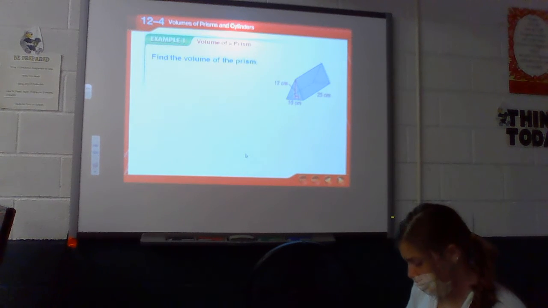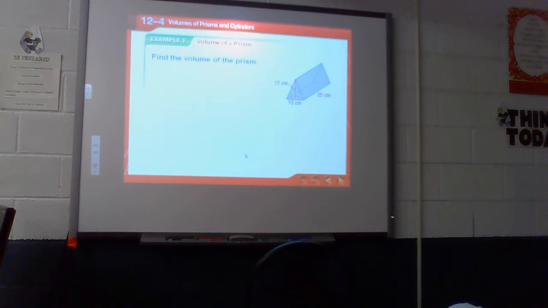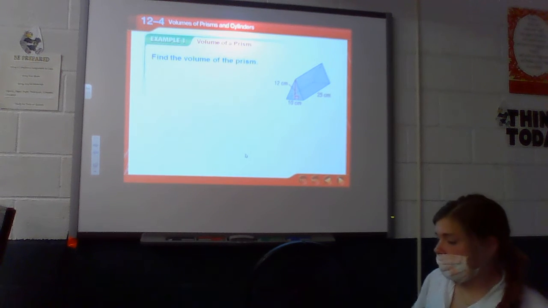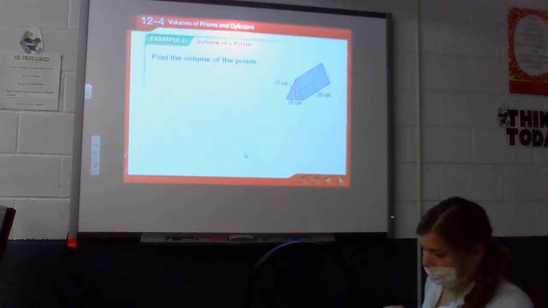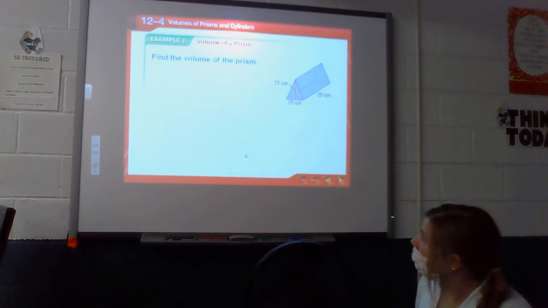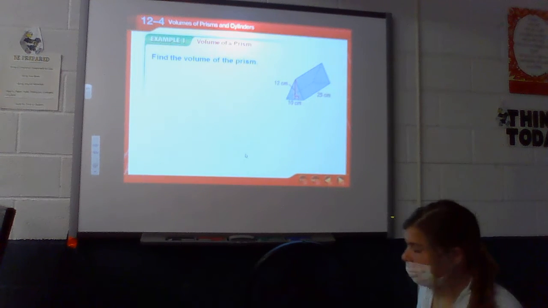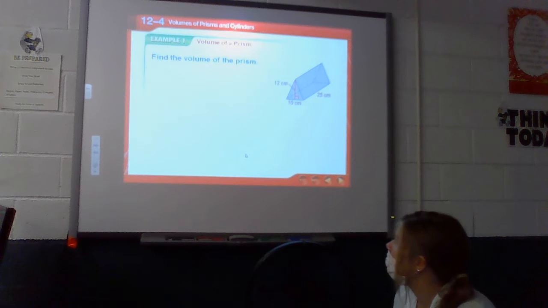Now we're going to show you one of these shortly where it doesn't work. So you do have to slow down a little bit and actually look at the problems, and don't just assume that the 3 numbers are automatically going to be able to be put in there. But in this particular case, does everybody see that this is a triangular prism? My triangles are on the base, on the ends.